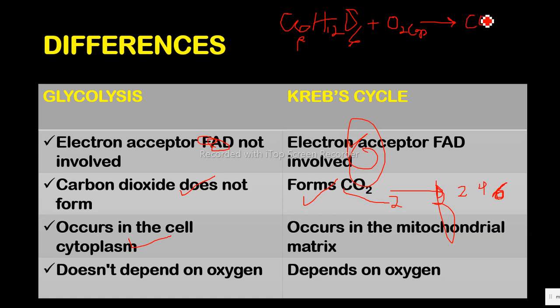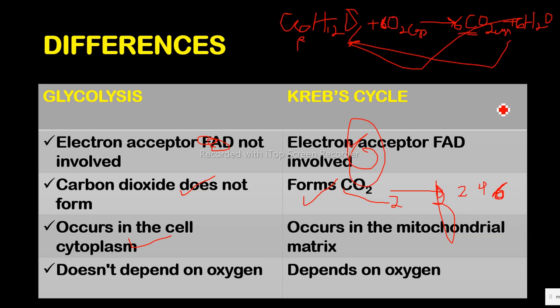You form carbon dioxide gas, and there are 6 molecules of carbon dioxide per glucose molecule, plus water. So these are 6 molecules of water, and then we need the 6 molecules of oxygen that are needed.